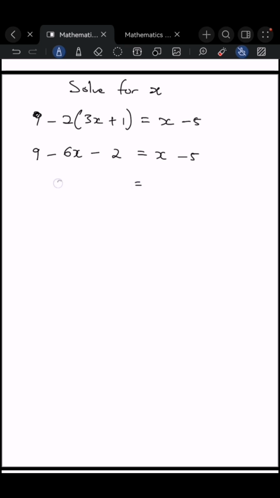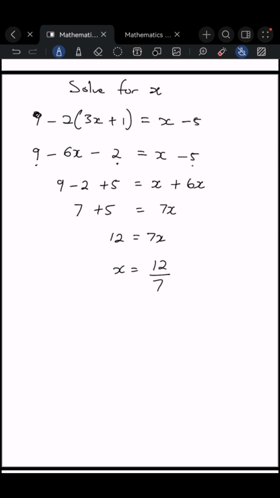That is 9 minus 2 plus 5, which is this 9 minus this 2, and we transpose this 5, which becomes positive on that side, plus x. Take this 6, bring it this side, it becomes a positive 6, and this one becomes 7 plus 5, which is equal to 7x. 12 is equal to 7x. x is equal to 12 over 7.